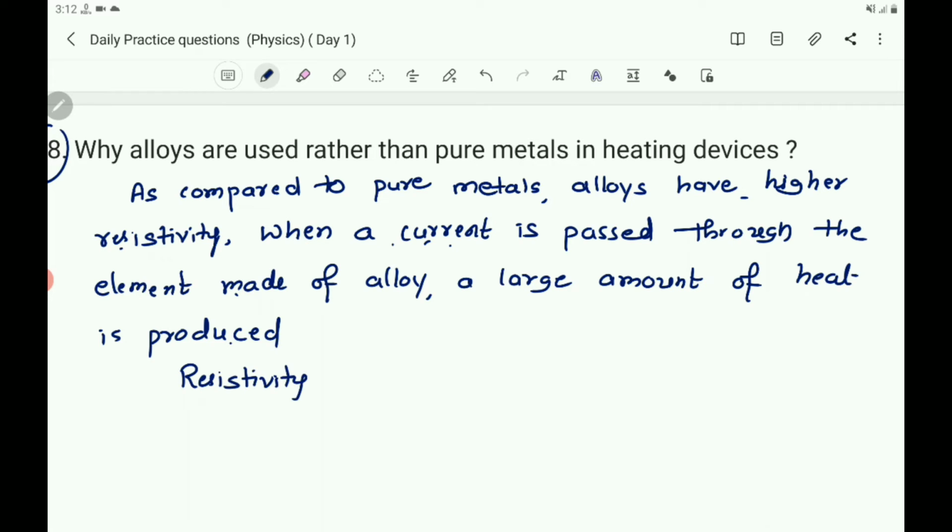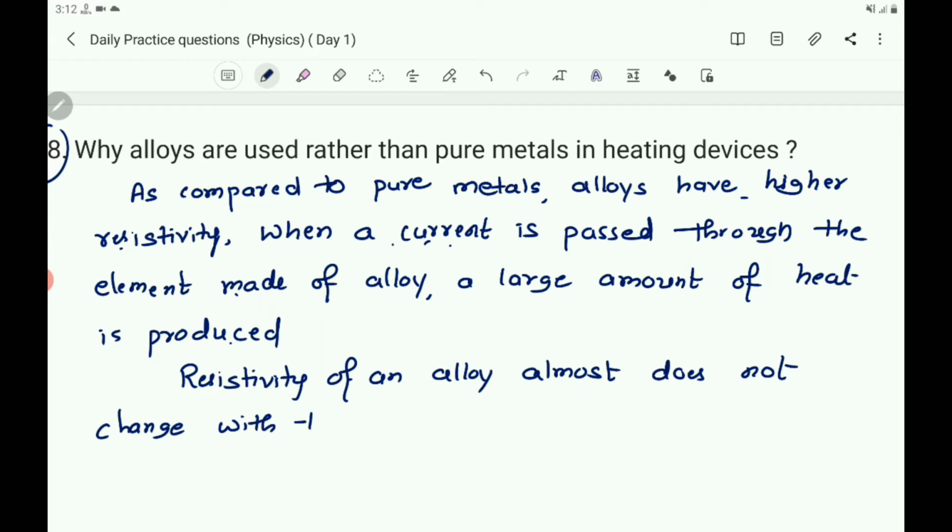Resistivity of an alloy almost does not change with temperature.